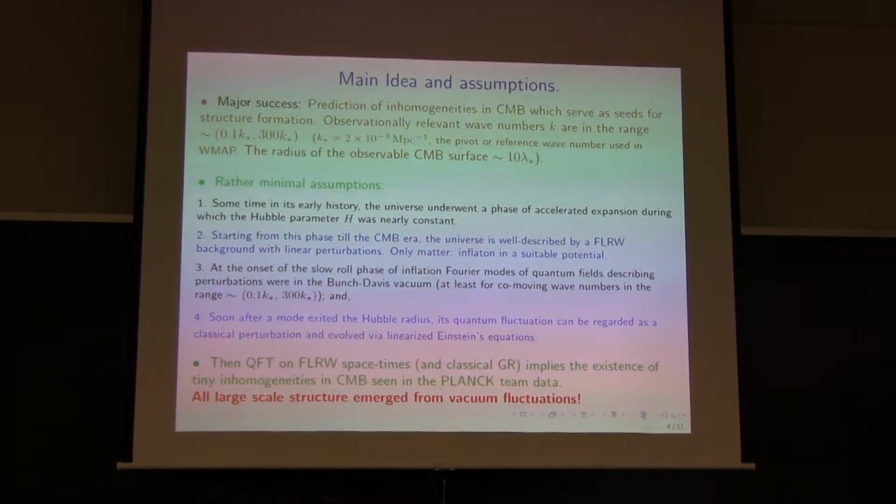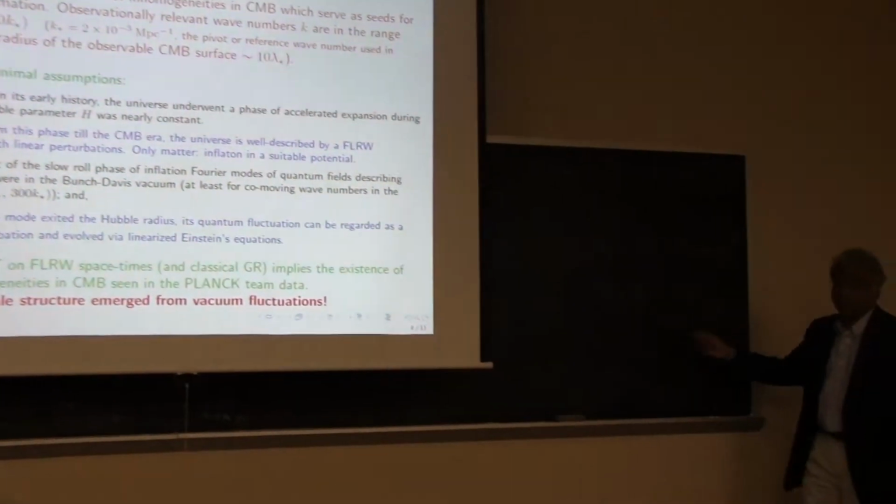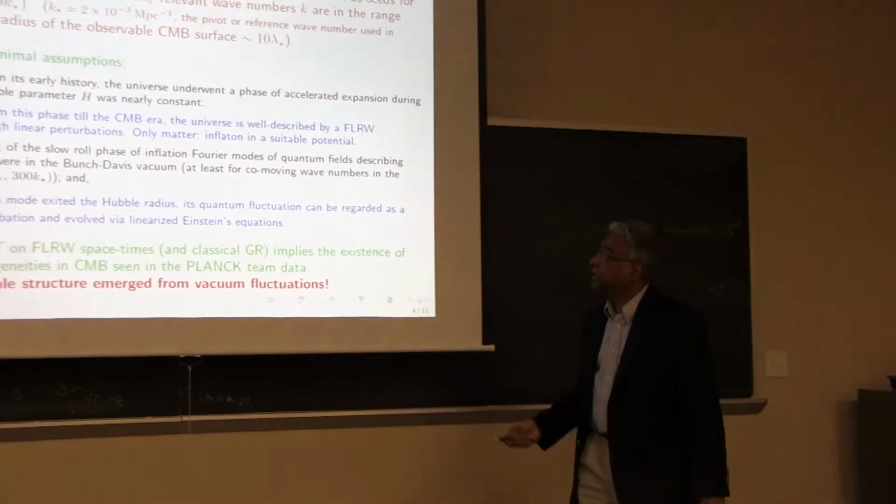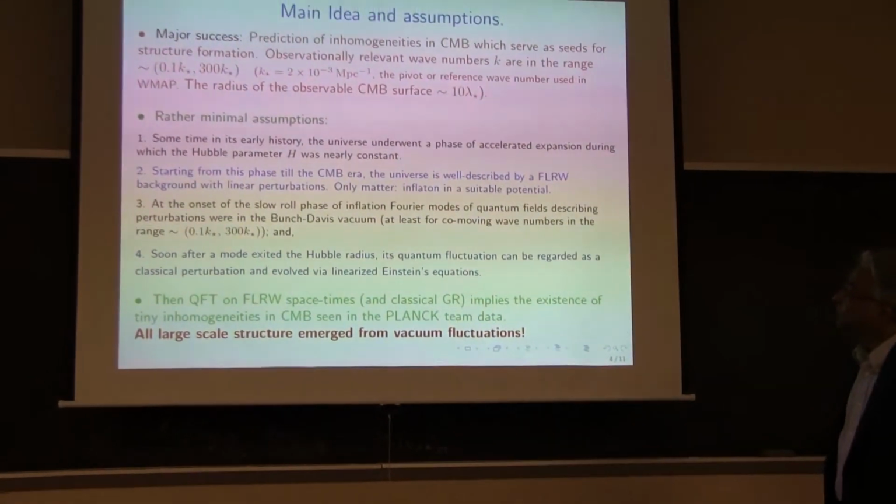And if this was nearly constant, then clearly a of t will go like e to the H naught t, just solving that equation. So there is a nearly exponential expansion in the very early part of the universe.